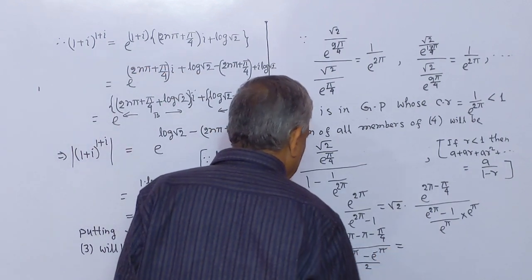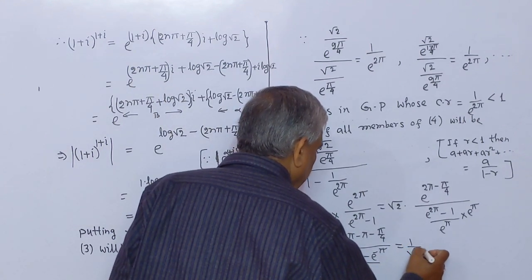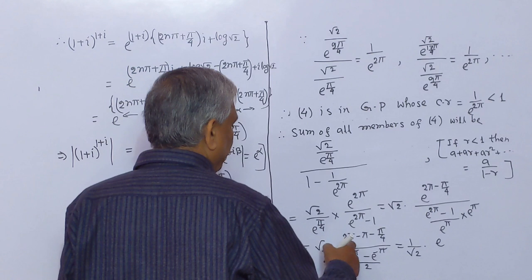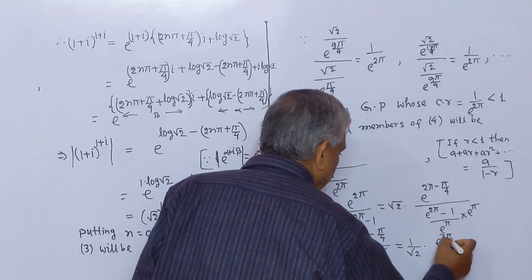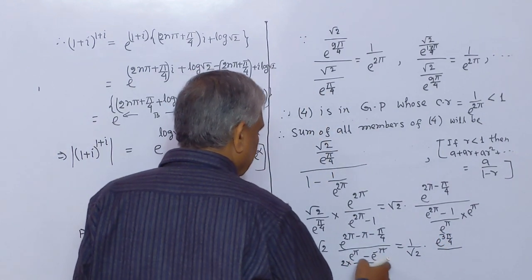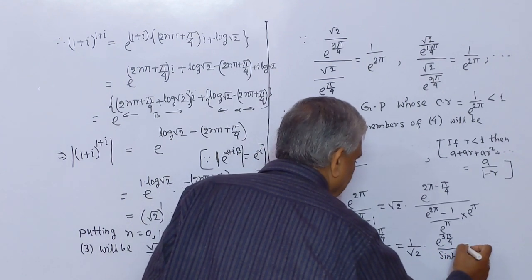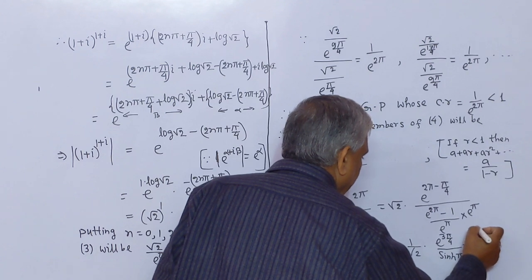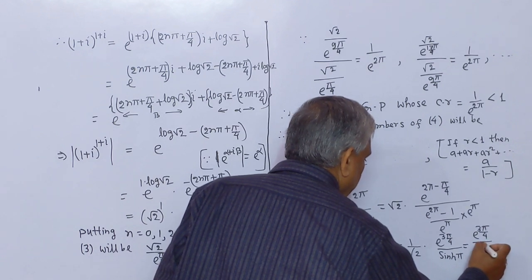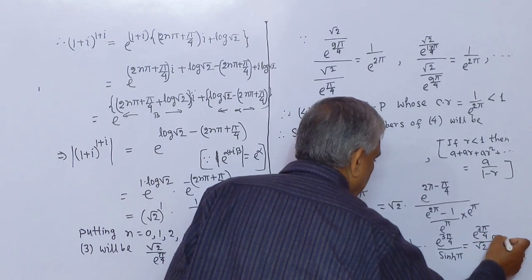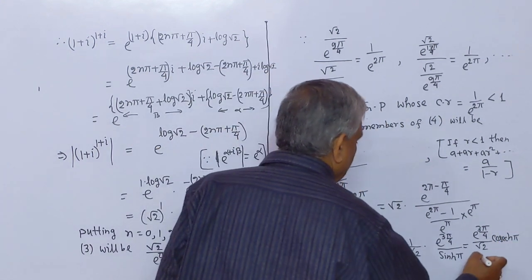So this will be equal to 1/√2 e^(2π − π/4), that is e^(π − π/4) means 3π/4, by sinh π, and this is equal to e^(3π/4) by √2 cosech π, and proved.